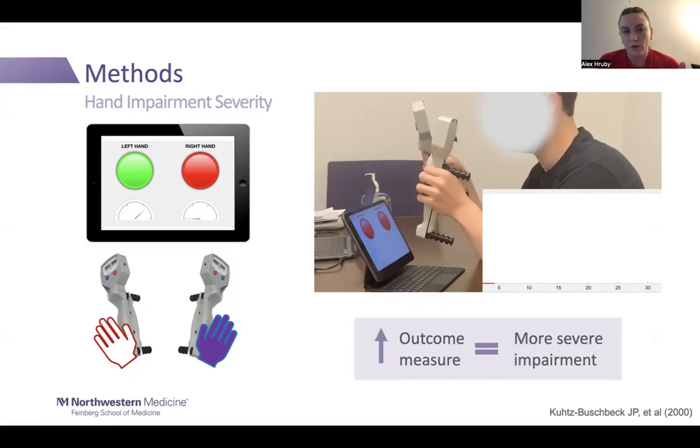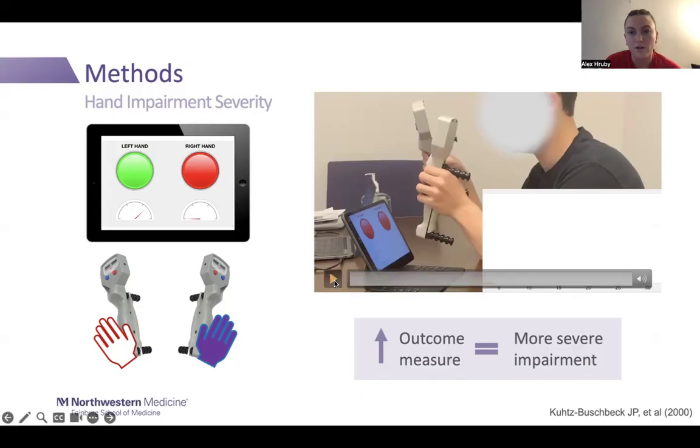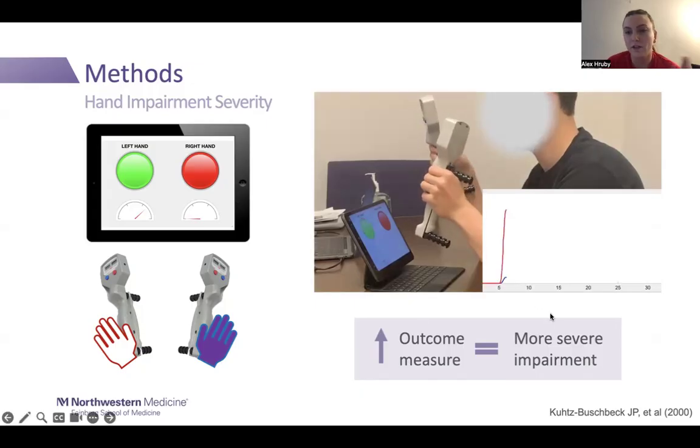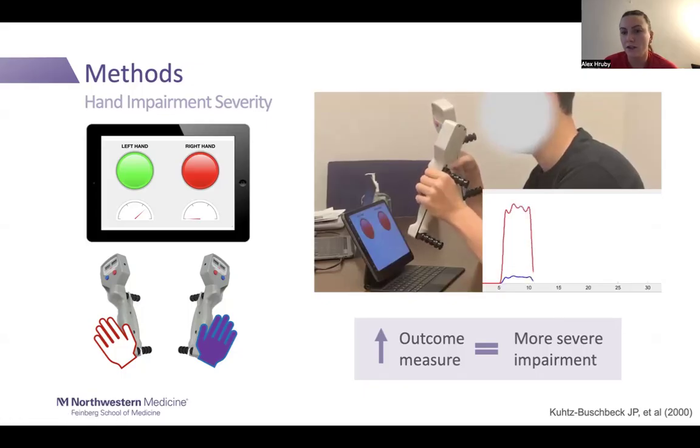So in this example on the screen right here, this individual was asked to squeeze as hard as they can with their left hand, and the right hand is a red light. So they're not volitionally or voluntarily squeezing that right hand. They are doing so as a result of mirror movements. I'll play the video, and you can see in the corner that's their force output. They're giving a max force in red with their left hand.